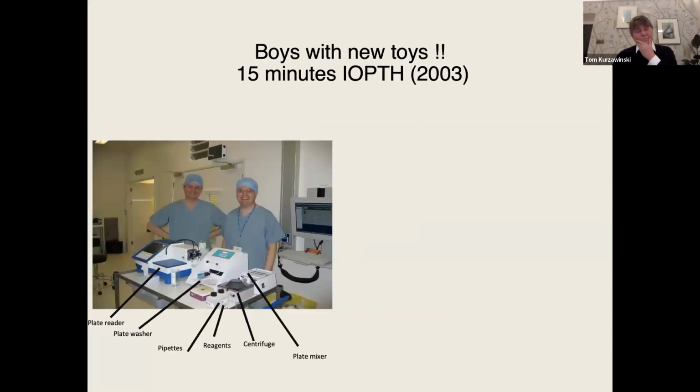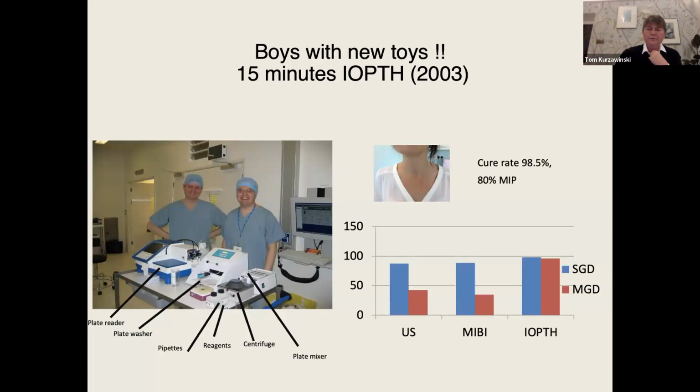So what were our results over the last 20 years of using IOPTH? Well, as I said, our cure rate was very high because, well, we're not bad surgeons, but obviously our results were improved by having that incredible help in theater. And as I said before, we were doing a lot of minimally invasive operations.